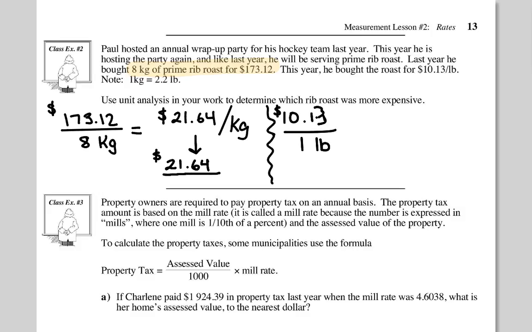But I know that 1 kilogram is equivalent to 2.2 pound LB. Now I can divide that one. Divide by 2.2, and I get 9.83. So it's $9.83 per pound.